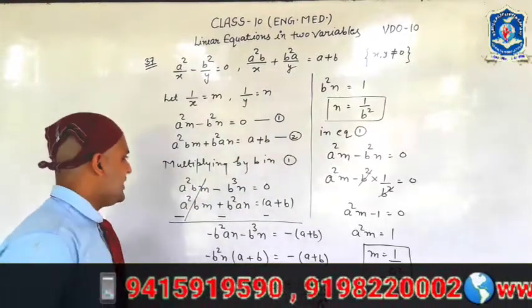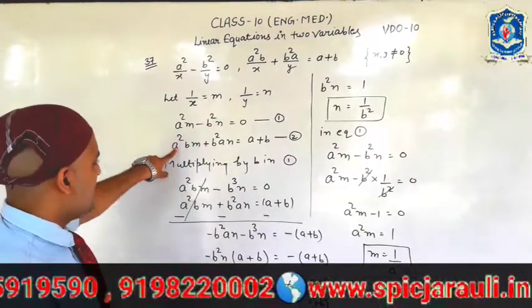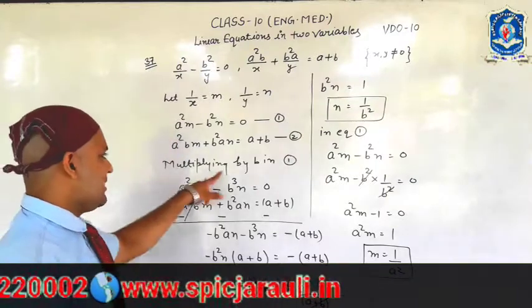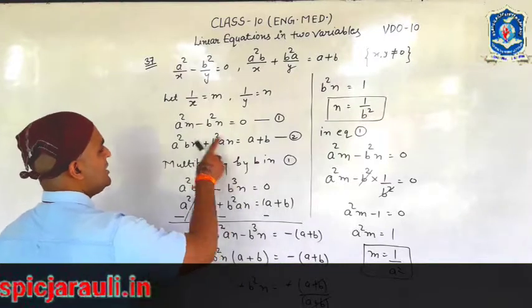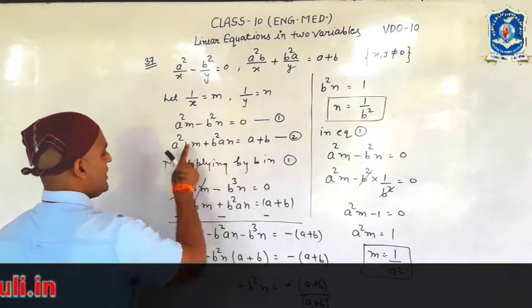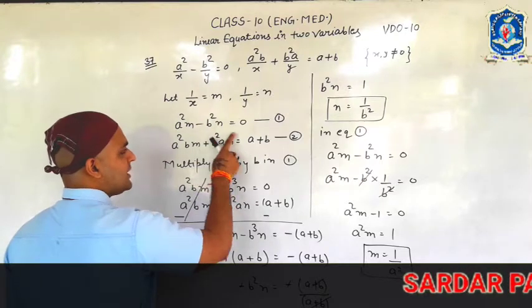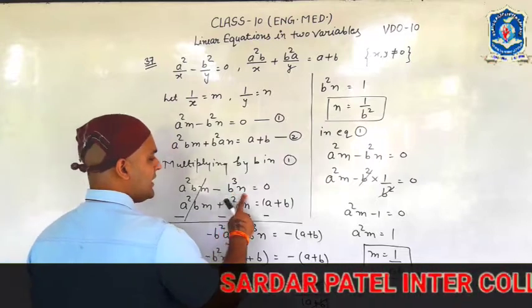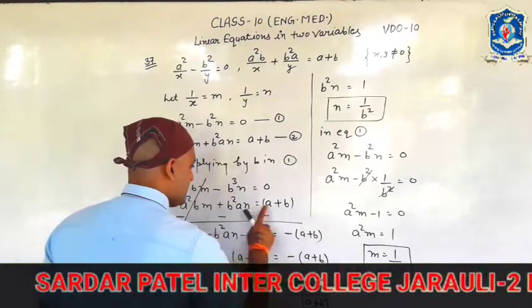So now here I am multiplying equation first by b, because there is a square b and here there is only a square. When we multiply equation first by b, the equation will be a square b m minus b cube n is equal to 0, because b multiplied by b square is b cube. The second equation is the same.